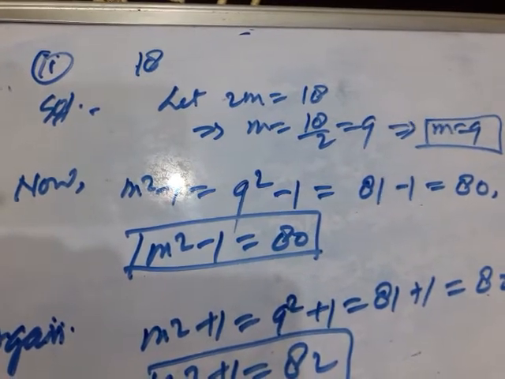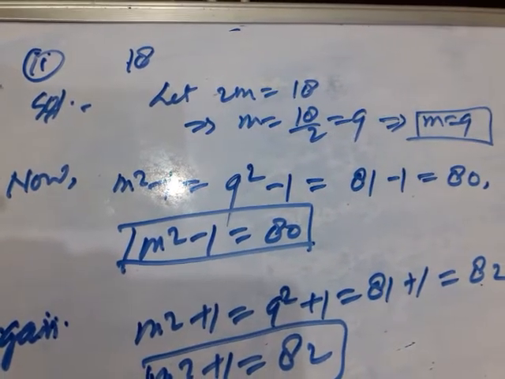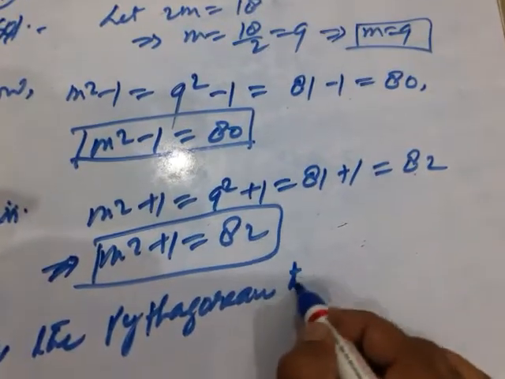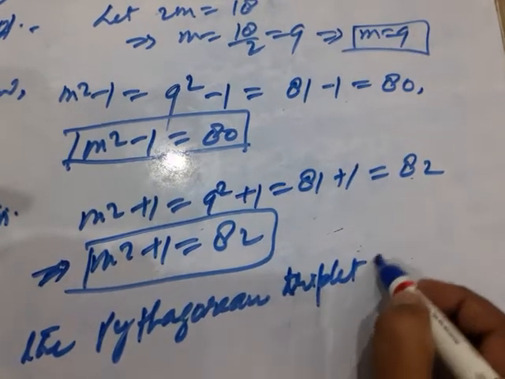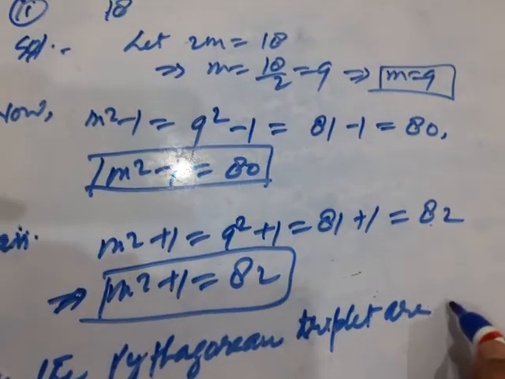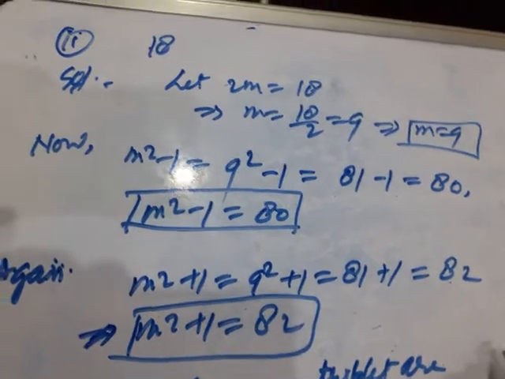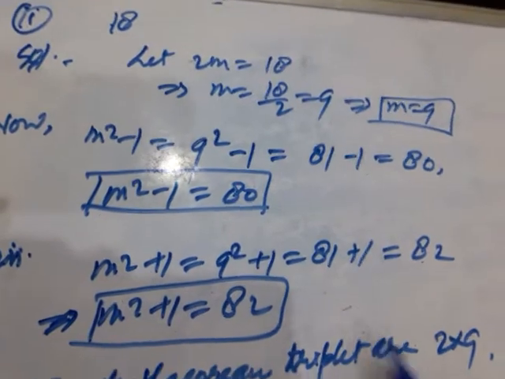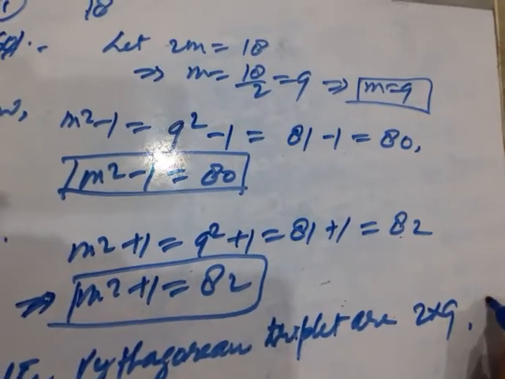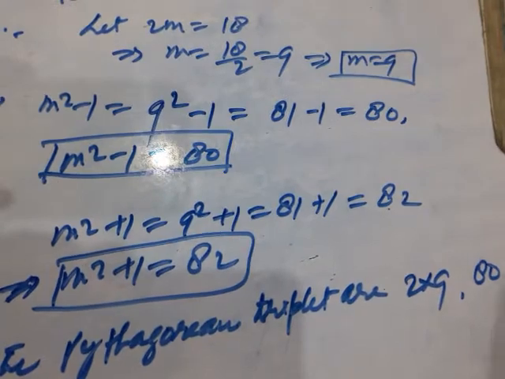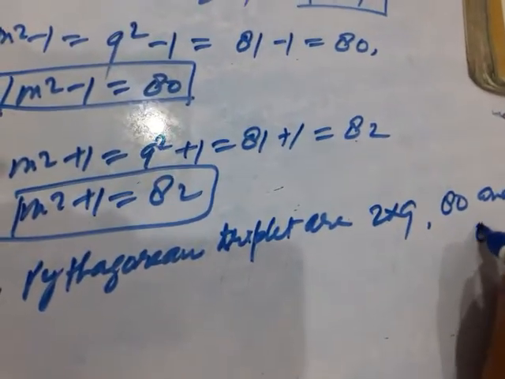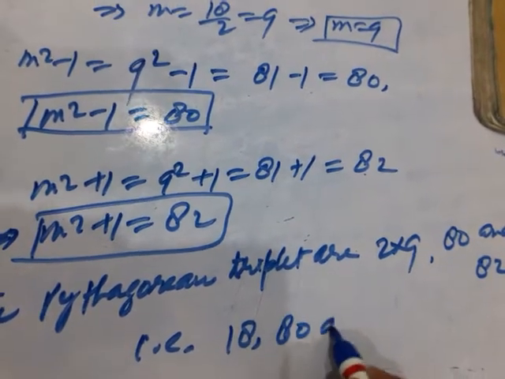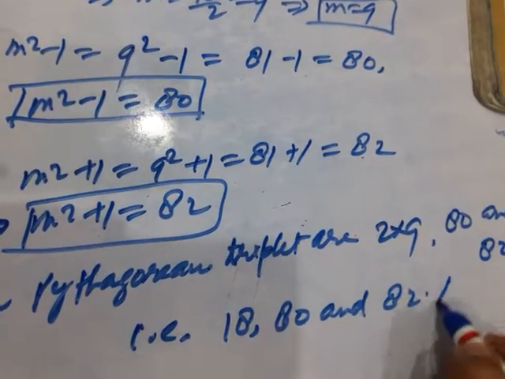It is 2 into 9, that is 18, then 80 and 82. That is 18, 80 and 82.